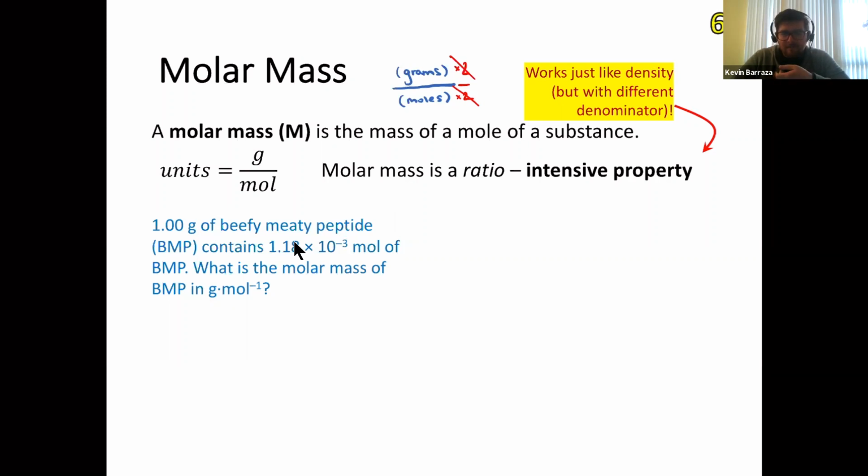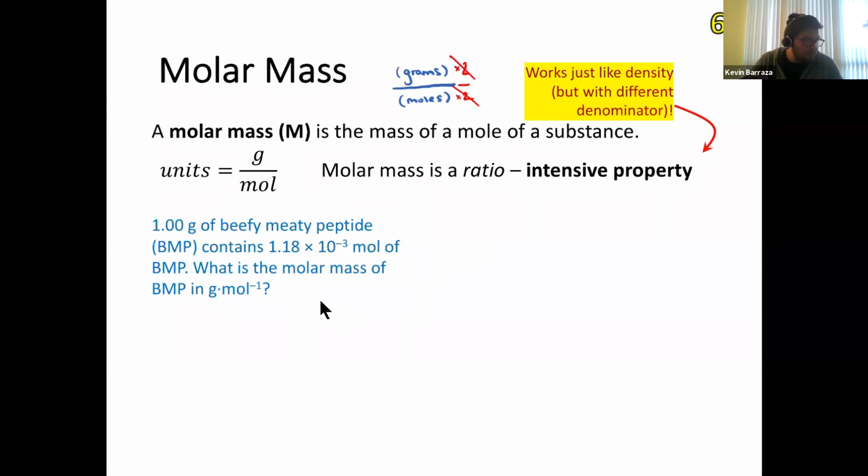In fact, it's believed that most of the beef flavor is due to a single molecule that we call BMP, beefy meaty peptide. So a little fun fact, this is responsible for beefy flavor. But I digress. Our task at hand is to find the molar mass of BMP.